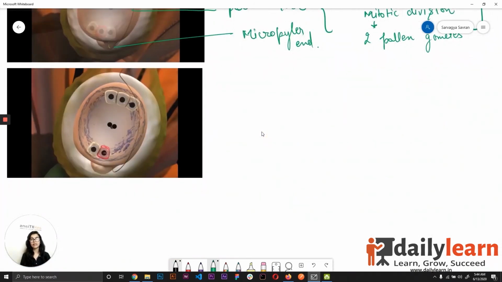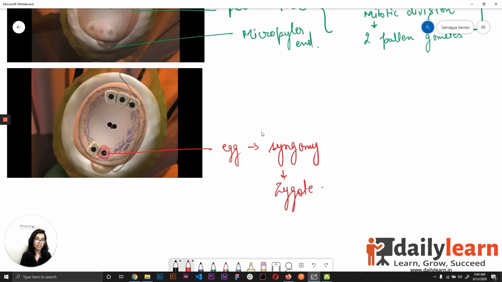That this entire structure which you see right here will be forming the egg, and this fertilization is called syngamy, and it will result in the zygote formation, right, which is the main event basically.